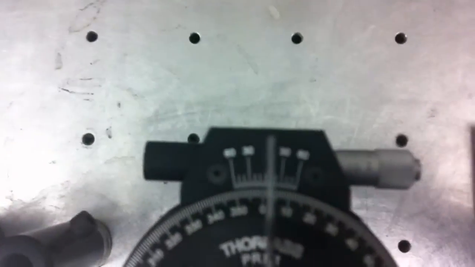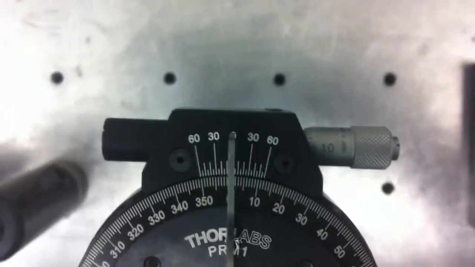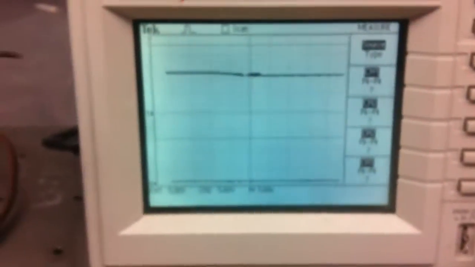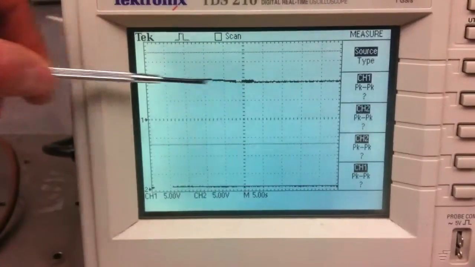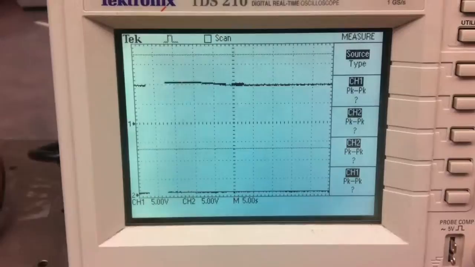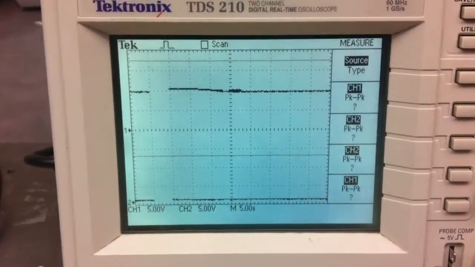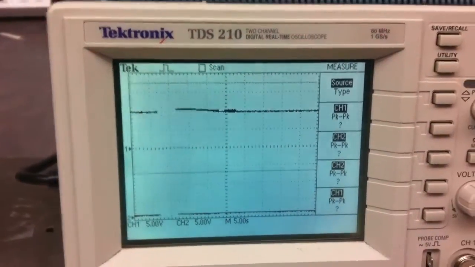So now we have 0 degrees, and at 0 degrees we can see that the microscope slide is at normal incidence, and we have about 10 volts worth of power hitting the photodetector 1.